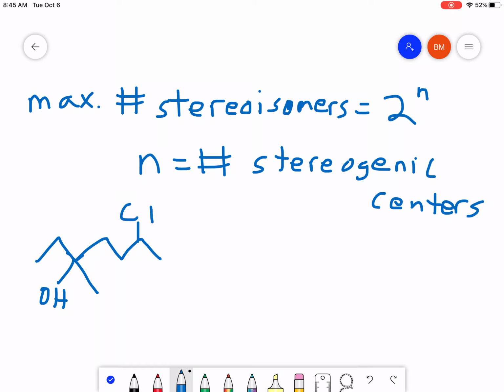Okay, so if we look at this one, what's the maximum number of possible 3D stereoisomers we can make from this molecule? Well, let's count the number of stereogenic centers.